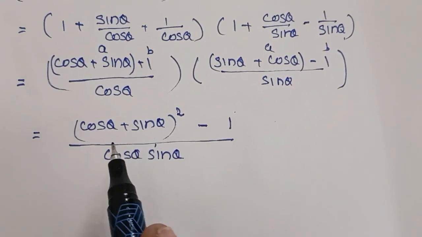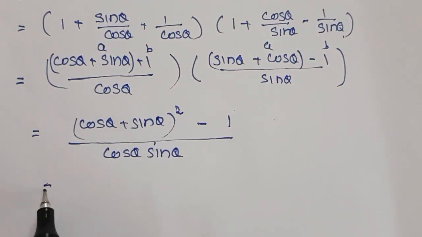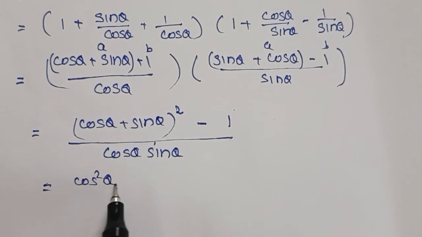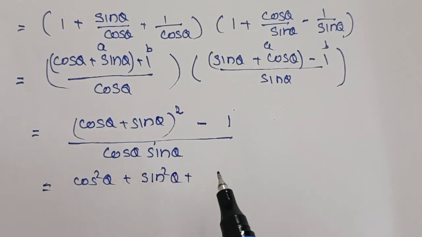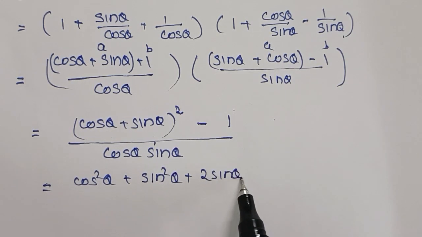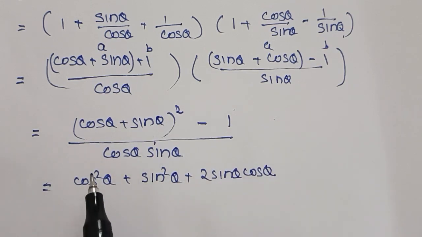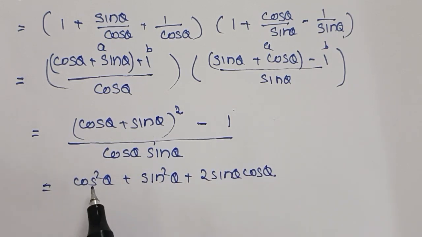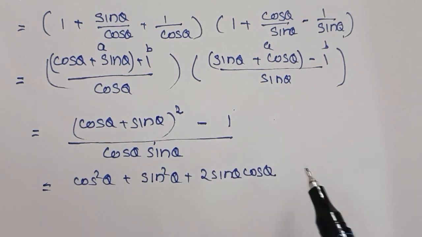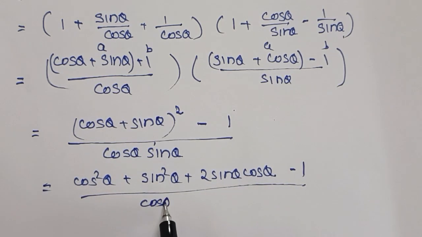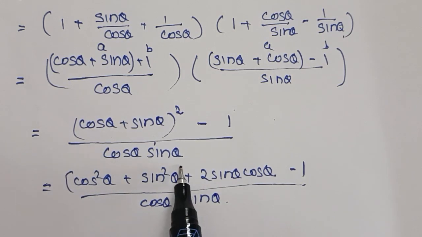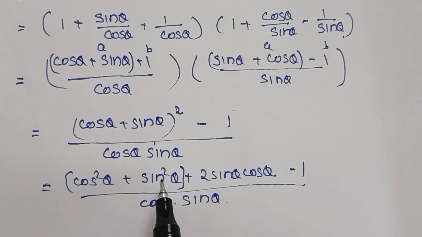When you expand, here it is of the form A plus B the whole square: A square, that is cos square theta, plus B square, that is sin square theta, plus 2AB, that is 2 sin theta cos theta. Take 2AB after that, then we get 2 sin theta cos theta minus 1 divided by cos theta into sin theta. Okay. Now cos square theta plus sin square theta is equal to 1.